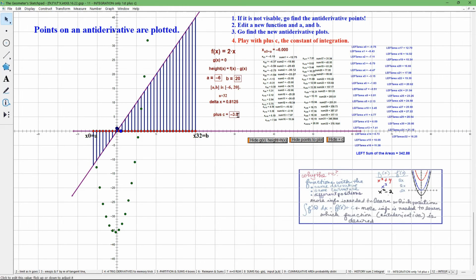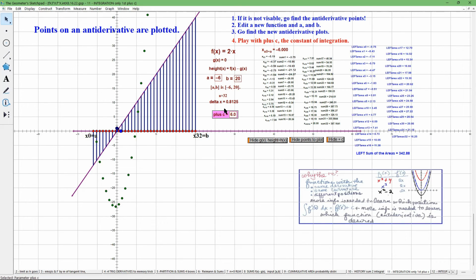Let's make the constant of integration 0. And now let's make it 6. What that does is it moves the curve.